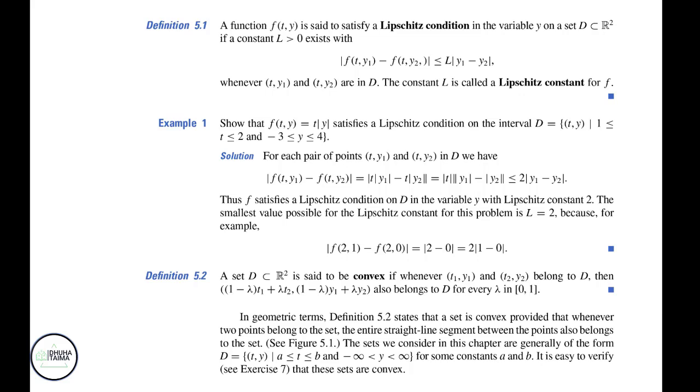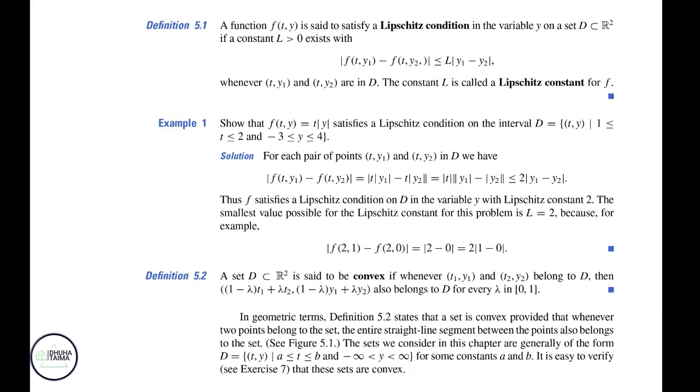Example 1. Show that f(t, y) = t|y| satisfies a Lipschitz condition on the interval D = {(t, y) | 1 ≤ t ≤ 2 and −3 ≤ y ≤ 4}. Solution.